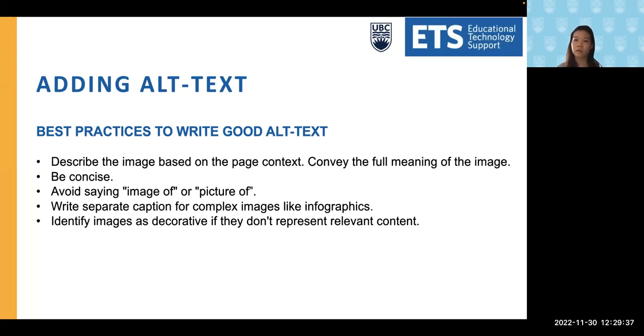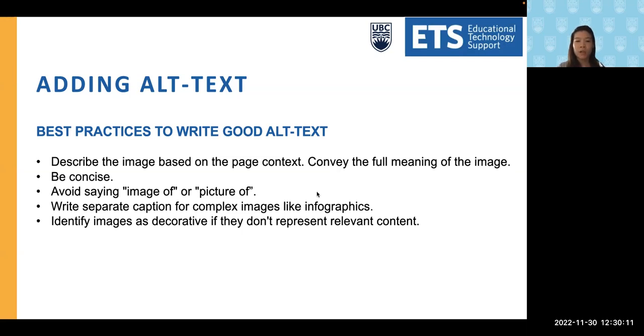So you have to write an alt text that actually conveys the full meaning of the image, but remember to be concise as well. So don't write too much text for the alt text. Just keep it clear and concise. And also avoid saying "image of" or "picture of" in front of your alt text, because the screen reader will automatically add that phrase when interpreting the alt text for the image.